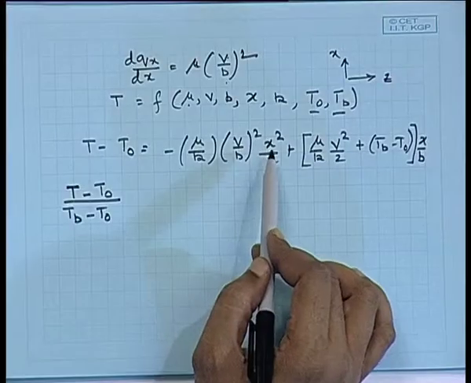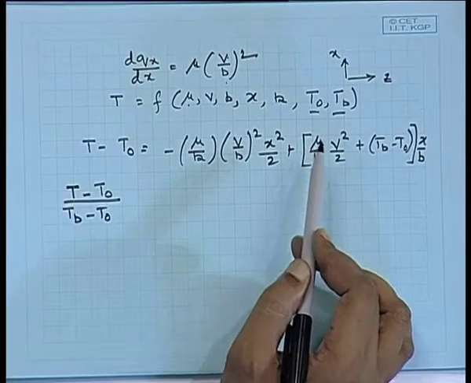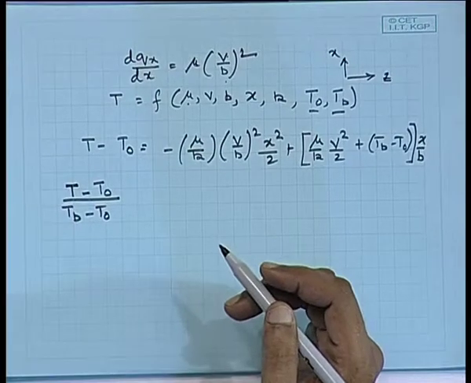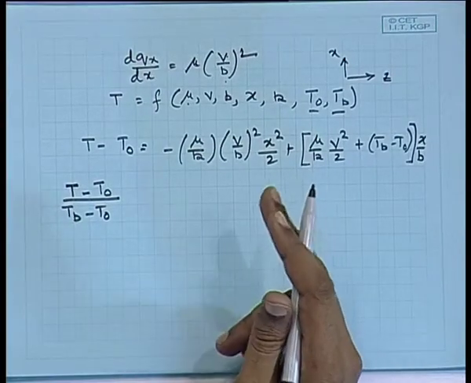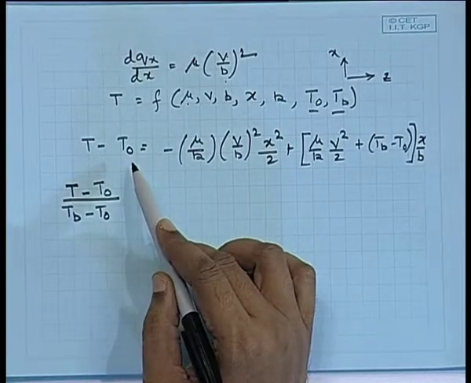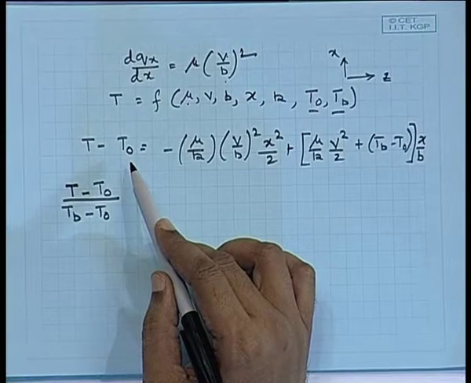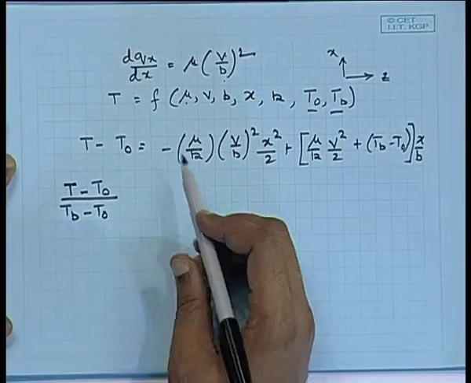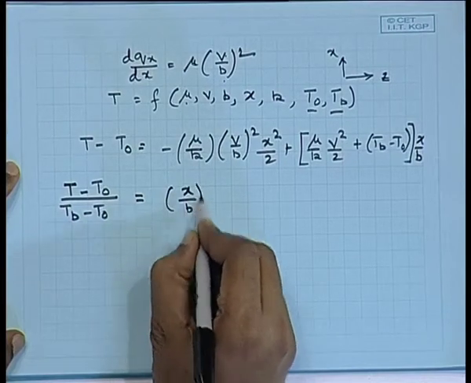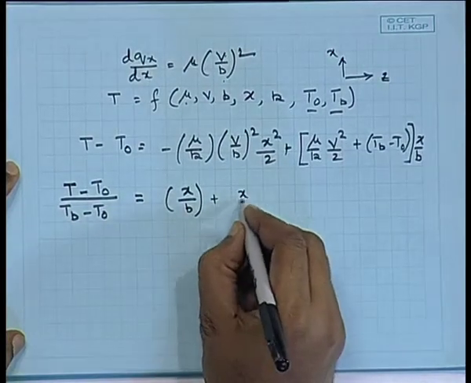The second advantage is obviously computational. Here, in complex situations, these may have different orders of magnitude. So, for computational ease, it is probably better to express your variables such that they vary between 0 to 1. The obvious choice for non-dimensionalization of this temperature profile would be to divide it by Tb minus T0, and when you do that, what you get is some number.